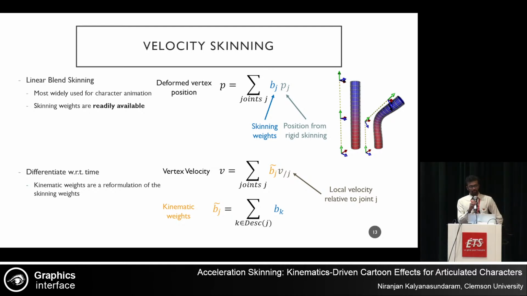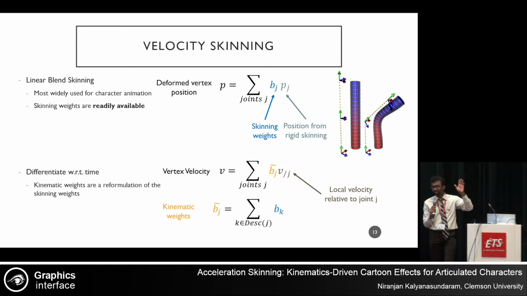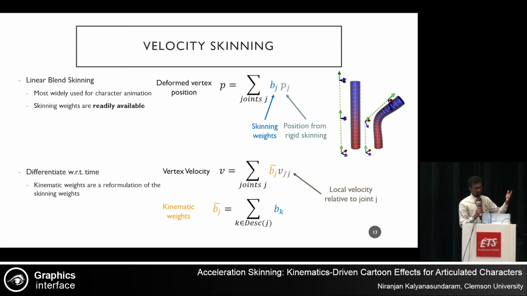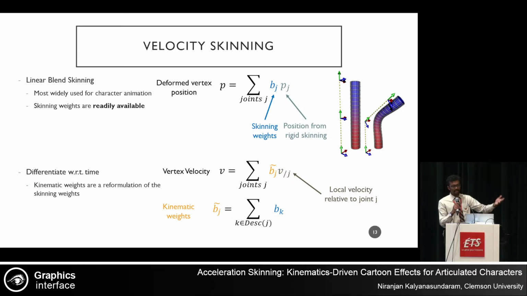So what we did with velocity skinning was take all of this and integrate it with respect to time. In place of the position, or PJ, the position of rigid skinning, we now have the local velocity instead of position. But this velocity isn't the net velocity or the final velocity, it's just the velocity relative to the joint in question. We also have, instead of these skinning weights, what we call kinematic weights.